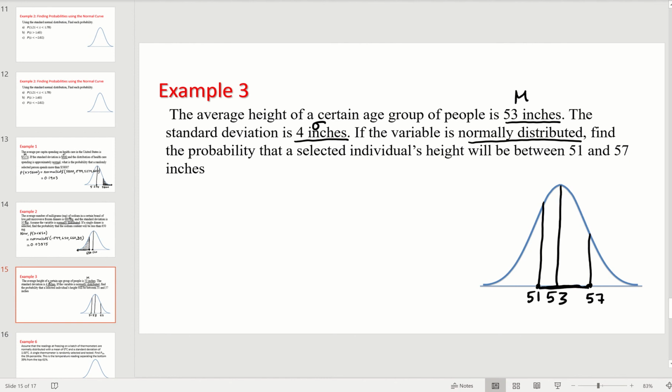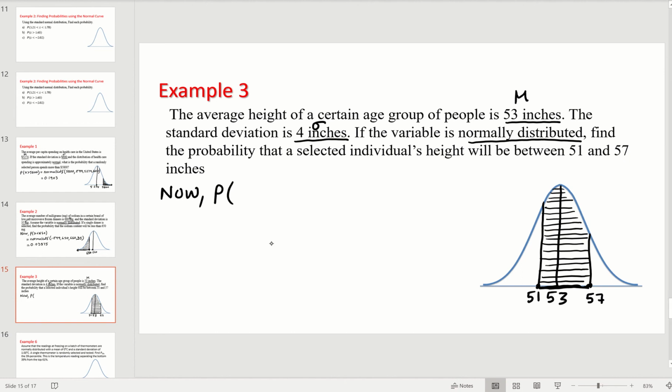If I want to find this probability, it will be equal to this shaded area, the area bounded by those two values, 51 and 57, under the normal curve. That will give you the probability. So let me write that here.